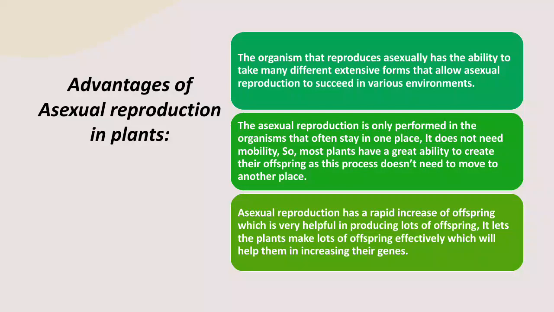Asexual reproduction has a rapid increase of offspring, which is very helpful in producing a lot of offspring. It lets the plant make lots of offspring effectively, which will help them increase their genes.